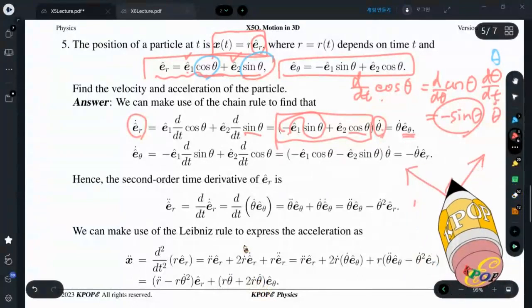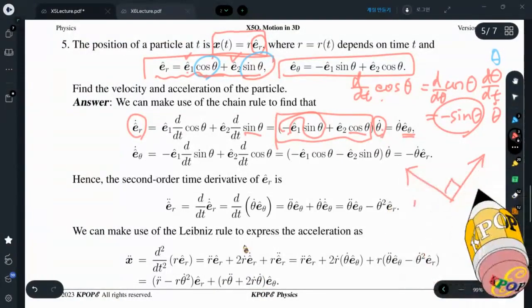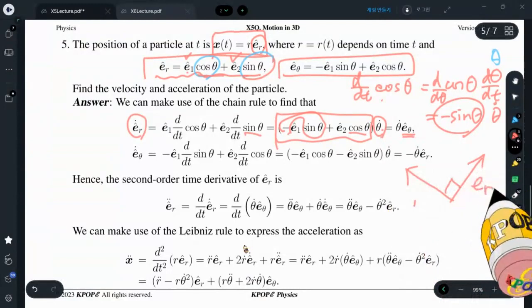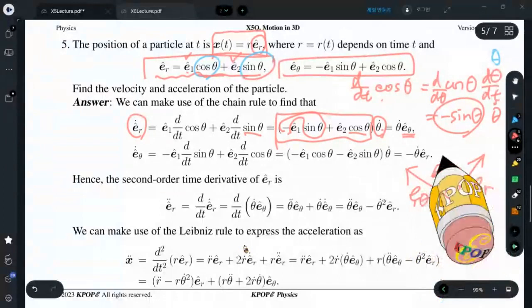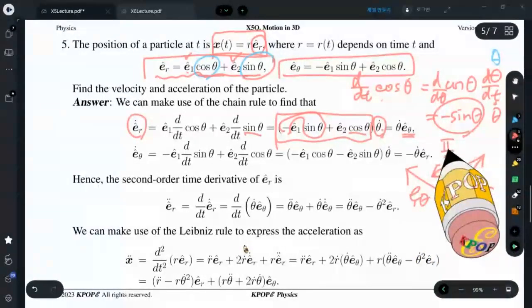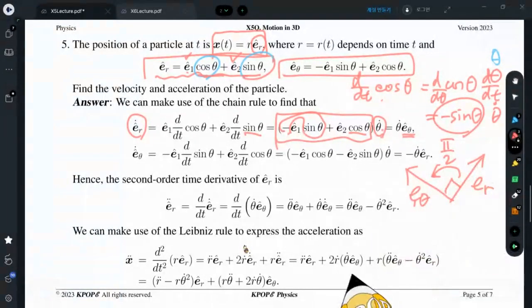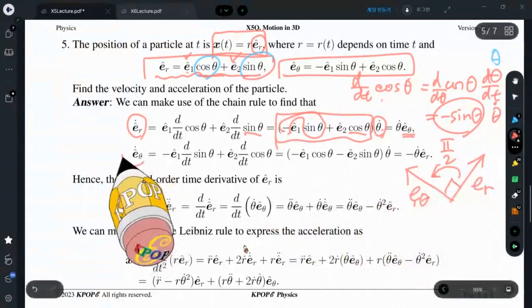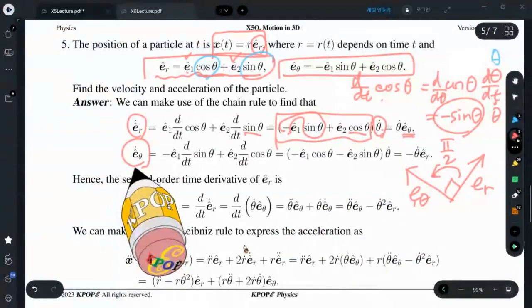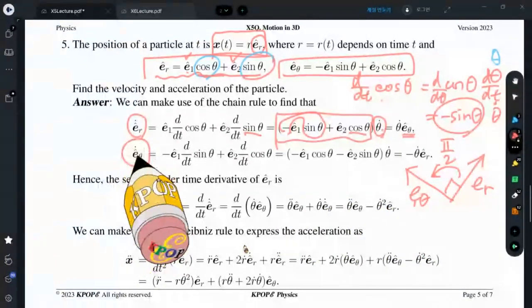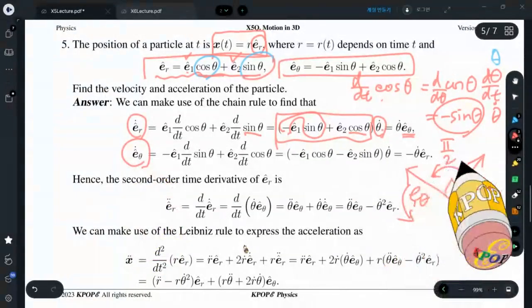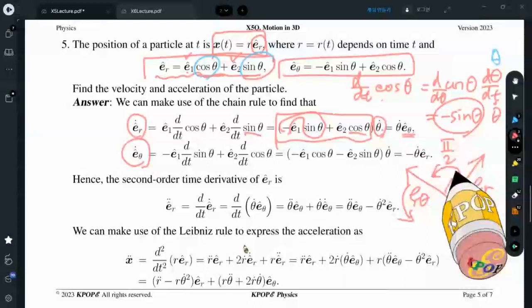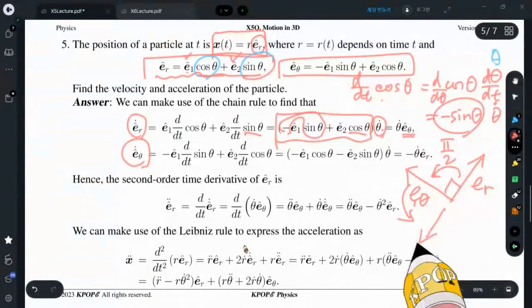If they are making a right angle, e_r's time derivative is e_theta. So rotate by half a pi counterclockwise. What happens to the time derivative of e_theta? It again rotates by half a pi in this direction.